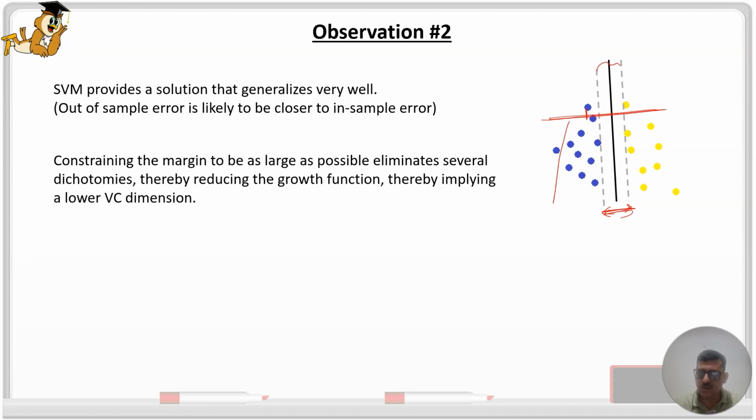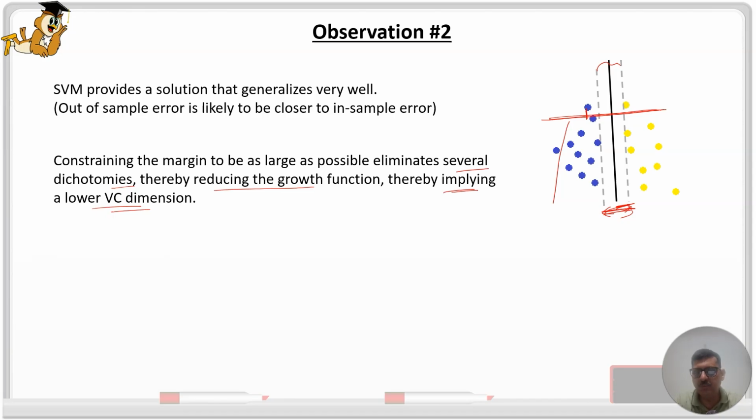This means elimination of several dichotomies, which in turn means that the growth function is reduced. The growth function essentially captures the number of dichotomies, and the number of dichotomies is lower if you insist on the margin being high. Reducing the growth function therefore implies a lower VC dimension, as we studied in the past. And what does lower VC dimension mean?